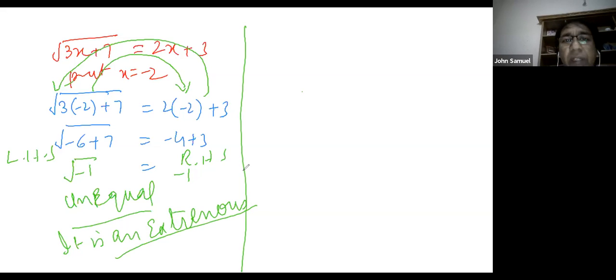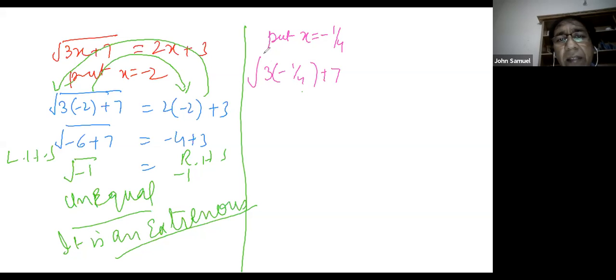चलें जी, हम दूसरी वाली जो हमारे पास स्टेटमेंट थी हम उसको लेकर फॉलो करते हैं. अब हम क्या करेंगे, पुट x इज इक्वल टू -1/4. हम 1/4 को पुट करके देखते हैं और फिर देखते हैं कि वी आर गेटिंग द करेक्ट और नॉट. So 3 times -1/4 plus 7, under the radical sign, is equal to 2 times -1/4 plus 3.